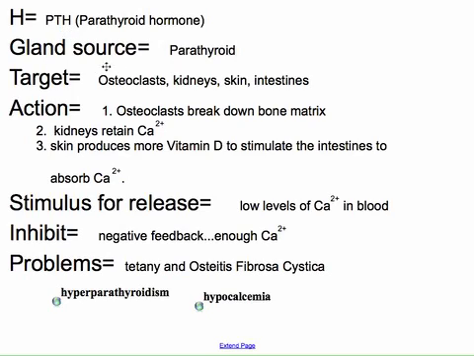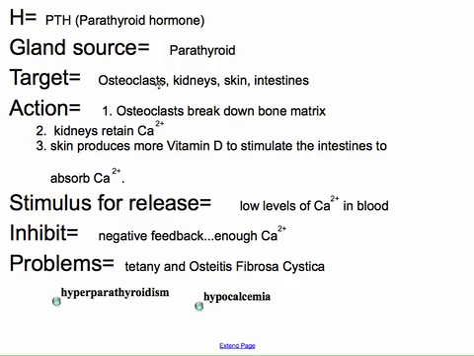The target for this hormone is your osteoclast, kidneys, skin, and intestines. And if you remember from our bone or skeletal unit, we said that osteoclasts break down the bone. So when there isn't enough calcium in the blood, your parathyroid glands pick that up, release parathyroid hormone, and that causes your osteoclast to break down bone to release more calcium in the blood.